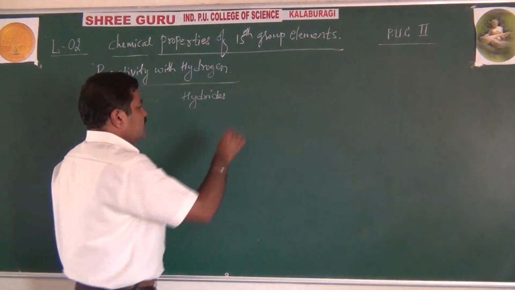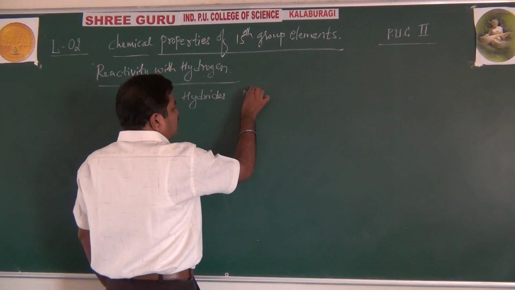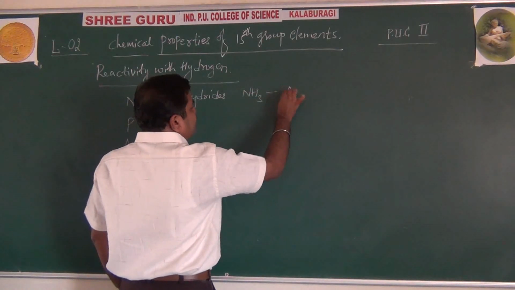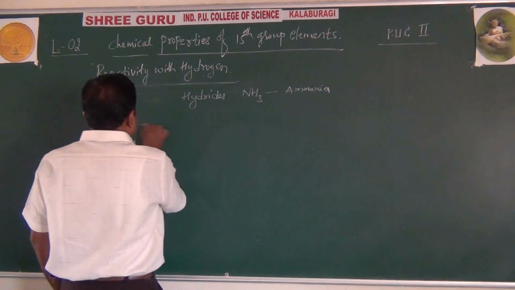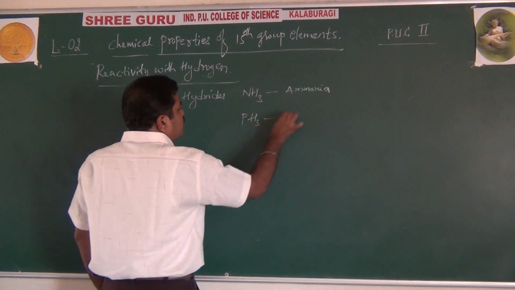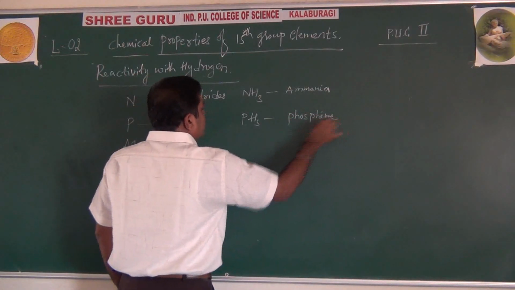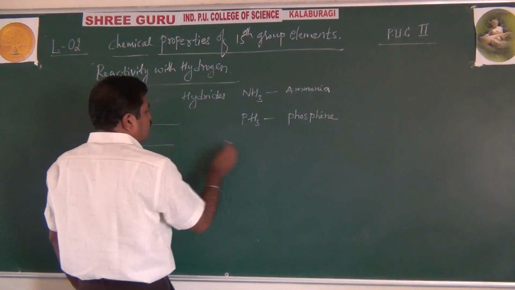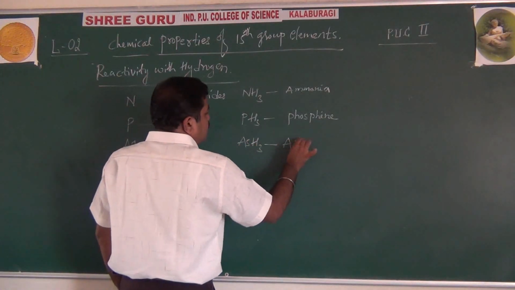What are those? Let us see. The hydride formed by nitrogen is ammonia, NH3. The hydride formed by phosphorus is phosphine, PH3. Then AsH3, arsine.